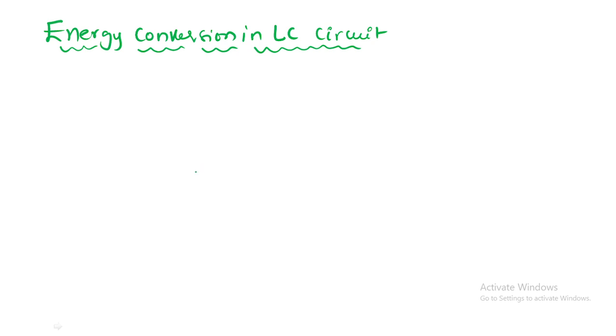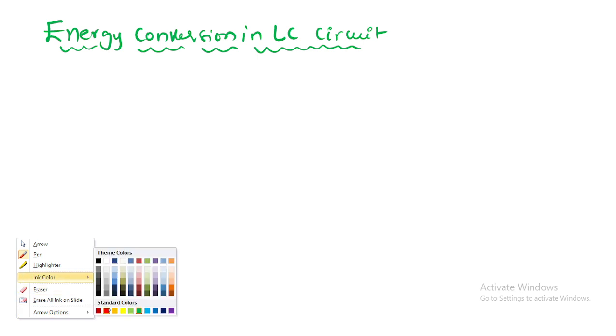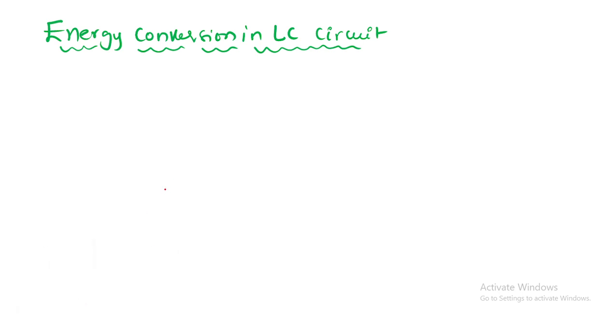Okay, buddy, now listen here. You know already, whenever I connect an LC circuit, it will oscillate. This is L and this is C. And you can supply an instantaneous EMF, which is E naught sine omega t.